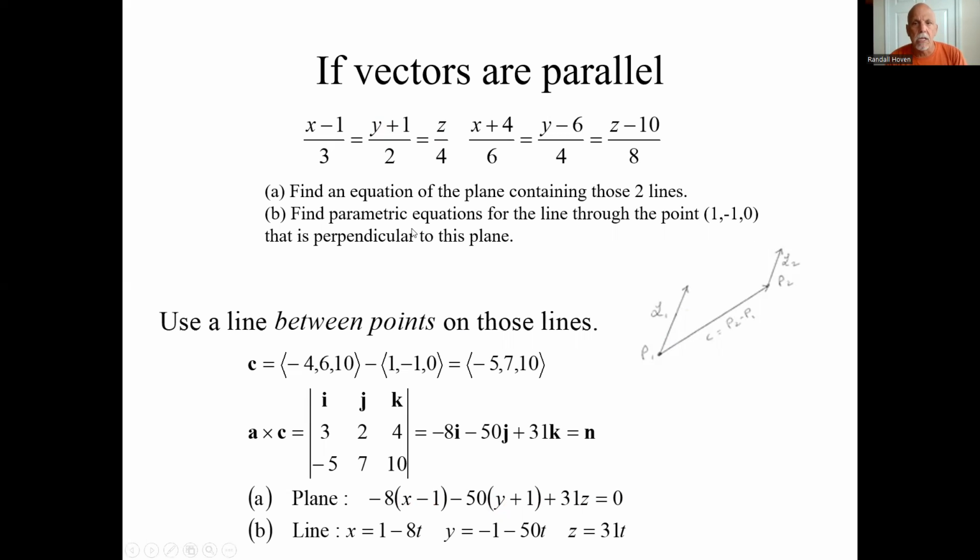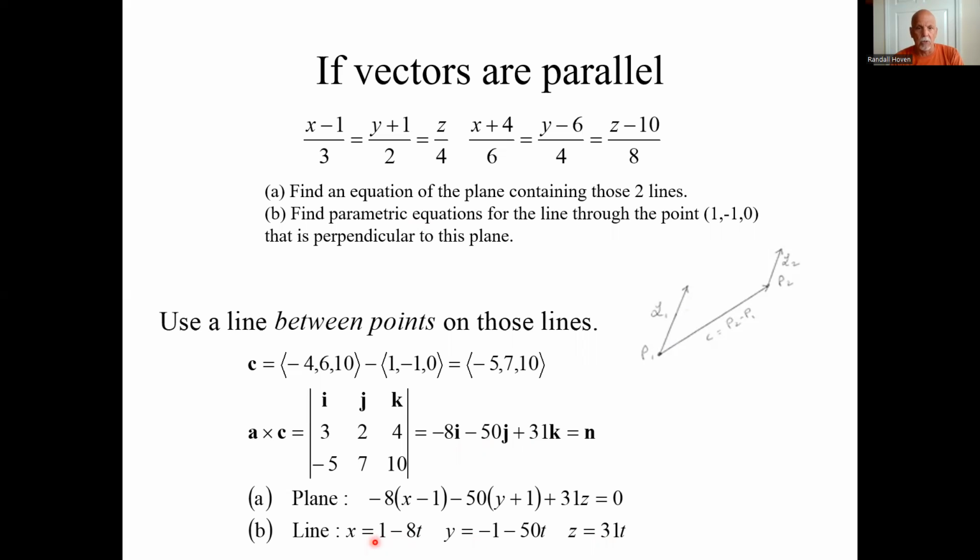For the line through a point and perpendicular to this plane, perpendicular to the plane would be the normal vector. So that's my direction vector. It's the normal vector. In parametric form, the normal vector will be the things in front of the t. So -8t, -50t, 31t, in the x, y, and z equations.